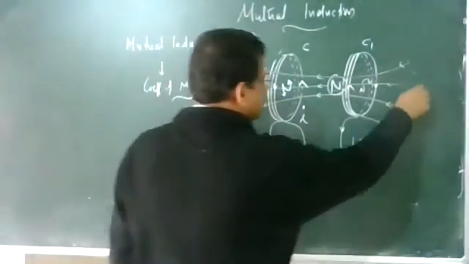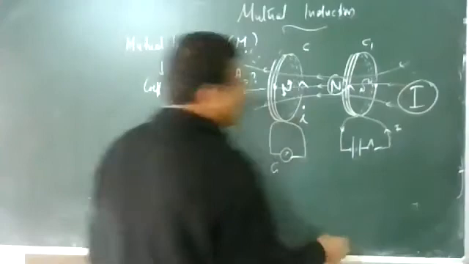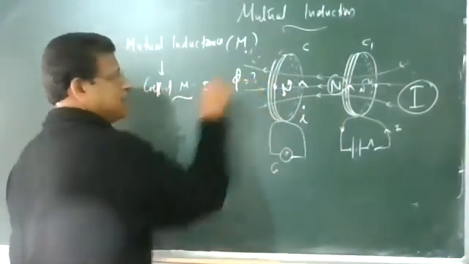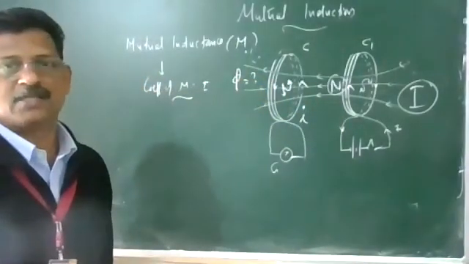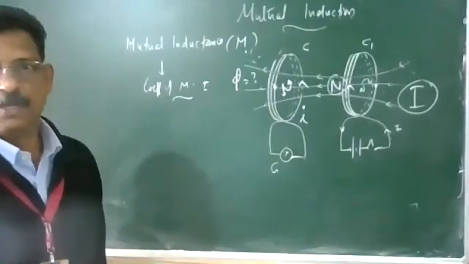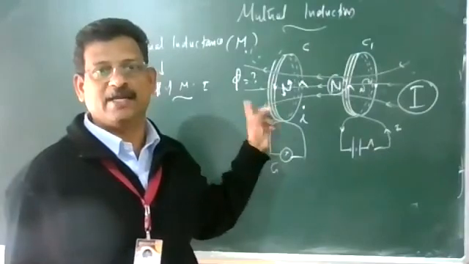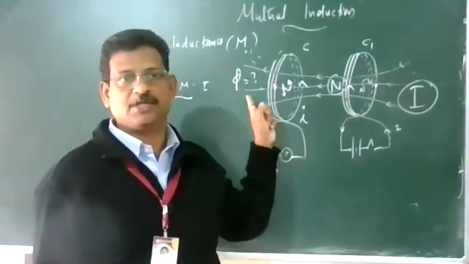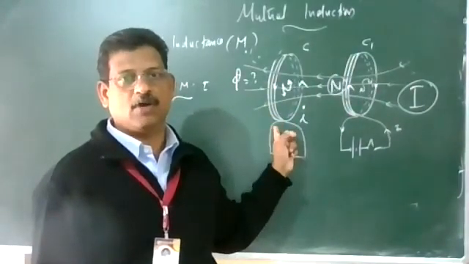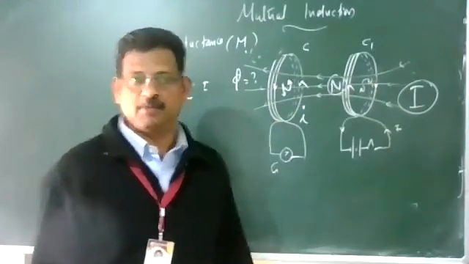Suppose a current I is flowing in this coil, and correspondingly there will be a flux in the next coil. Phi is the flux in the coil C2. When you increase the current here, flux in the other coil also will increase in direct proportion. Flux is in one coil, current is in the other coil. They are directly proportional.